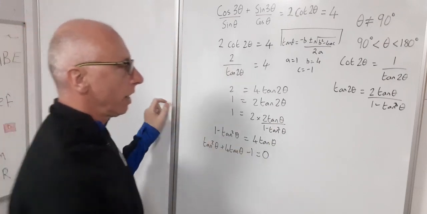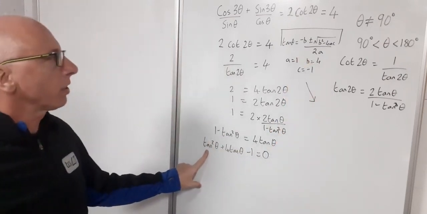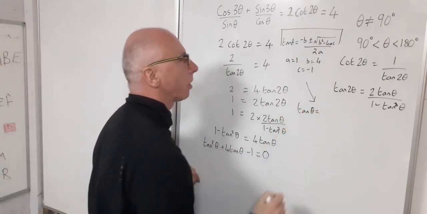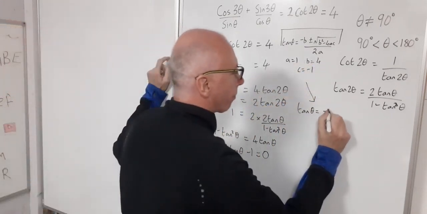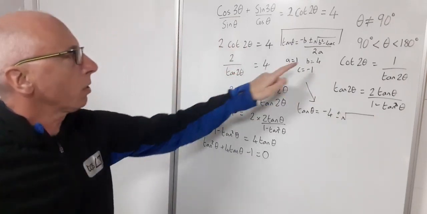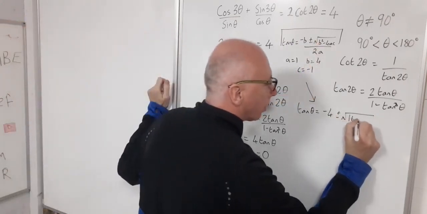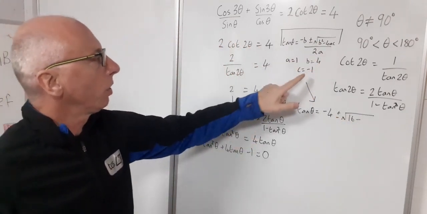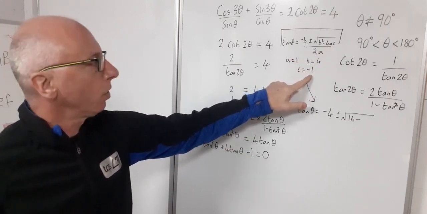Okay, right, let's go down here and let's work this out. So tangent theta equals minus b, so that's minus 4, plus or minus the square root. B squared, 4 squared is 16, minus 4 times a times c. 4 times a times c, that's going to give me minus 4.